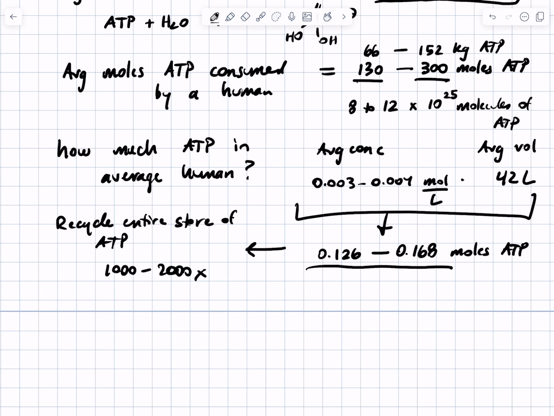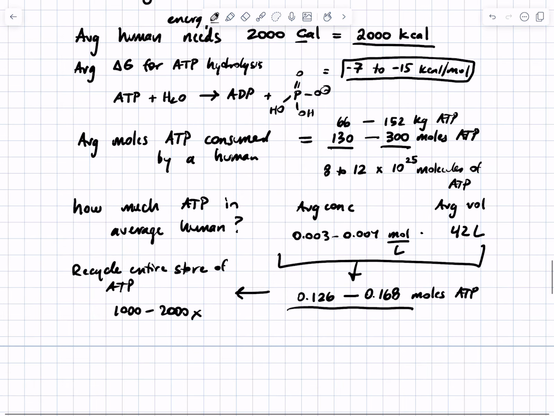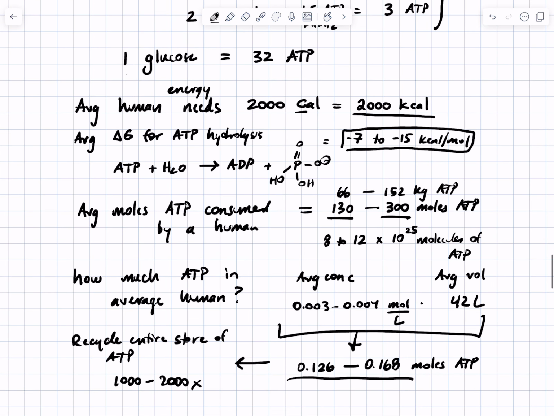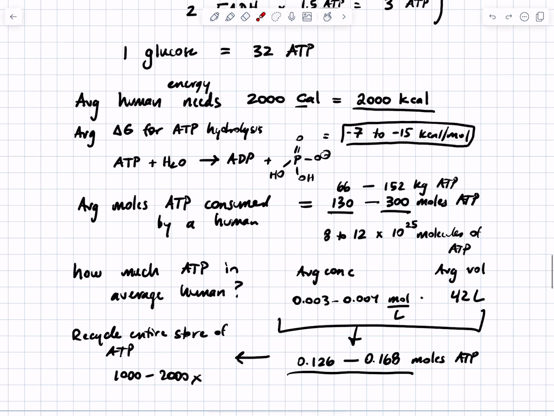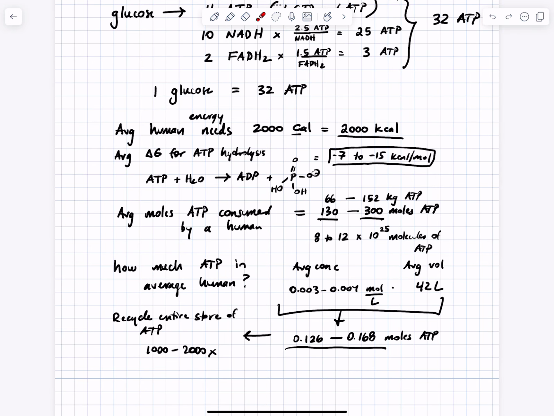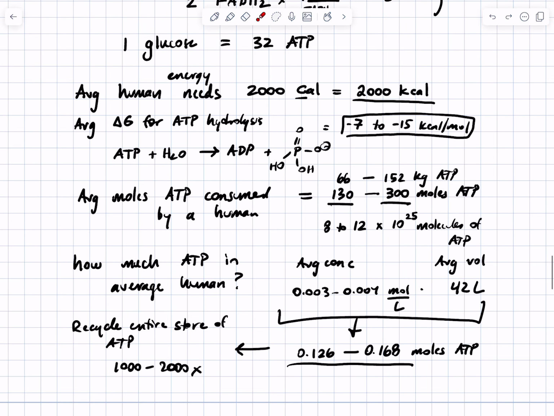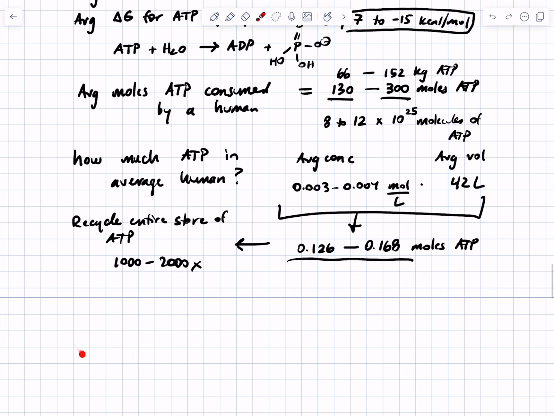By the way, based on this calculation of 1 glucose molecule per 32 ATP, we can tell you how much glucose you would need. We're going to convert these numbers, moles of ATP needed to be used by a human in a day, to moles of glucose. That ends up being around 4 to 9 moles of glucose.